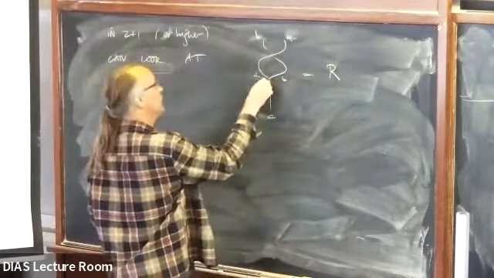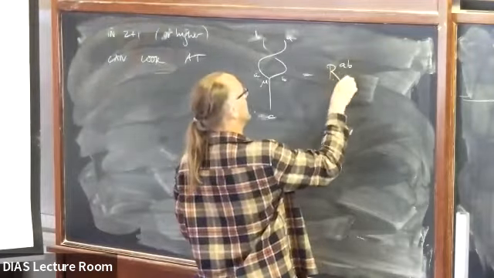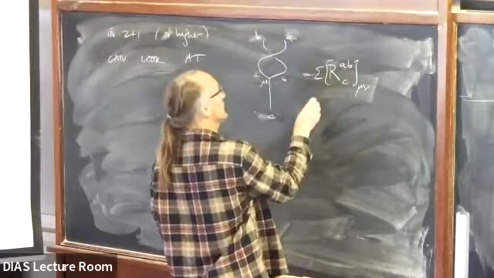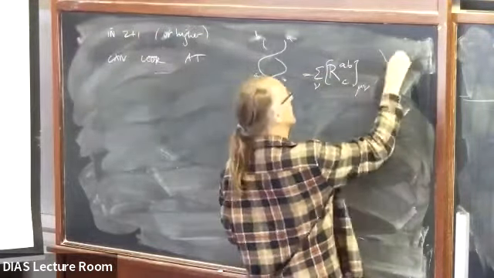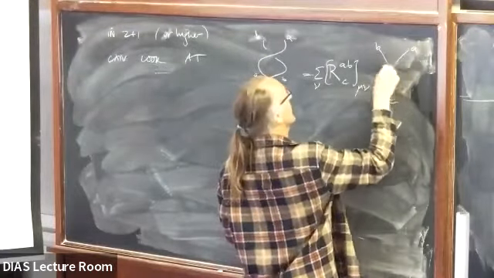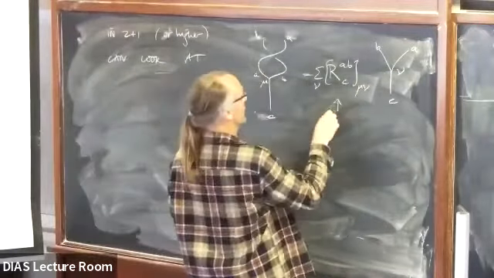This can also have a mu on it, of course, like before. And then we have some R, A, B, C, mu over mu, then A. These are called R symbols.